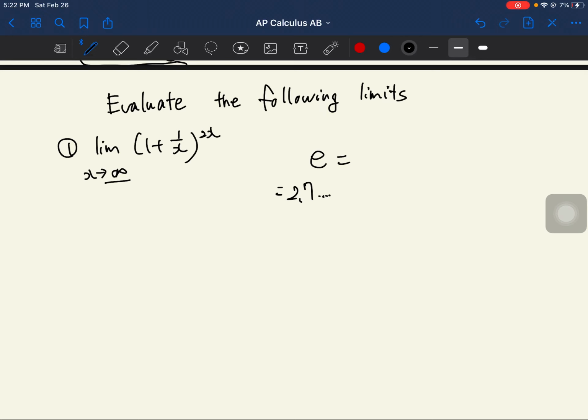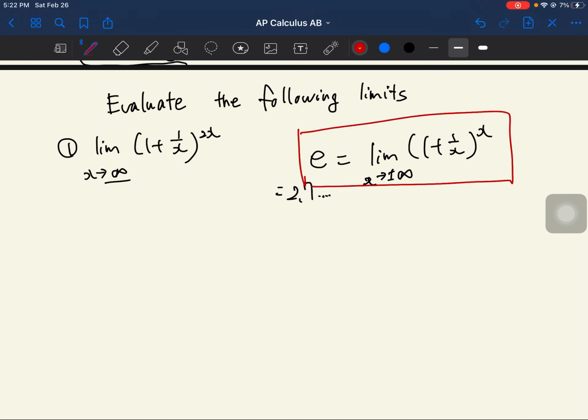There's a definition to find e, which is the limit as x approaches plus or minus infinity of (1 plus 1 over x) to the power of x. This is the definition of e. So if you don't know about this definition, you can't solve this question.